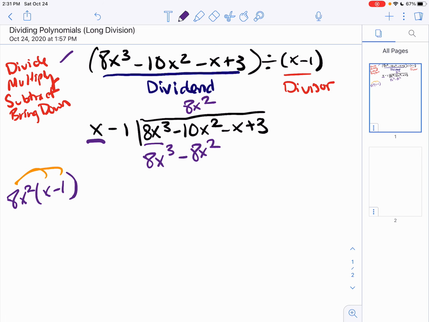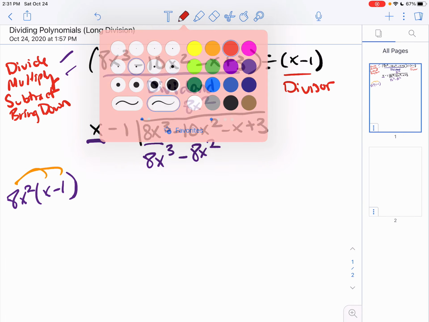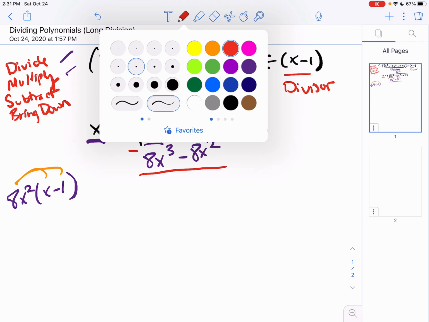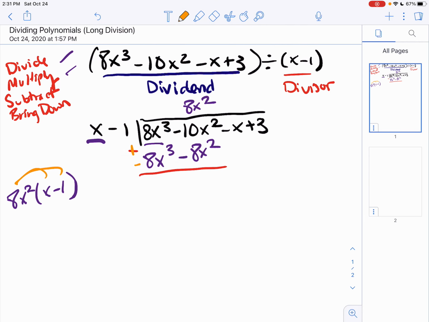All right. Now I did my multiplication. Now I need to subtract. So I don't like subtraction, so what I like to do is just change from subtraction to addition, and then change the signs of everything else. That works. We can always do that, because it's almost like we're just distributing a negative to our other terms.